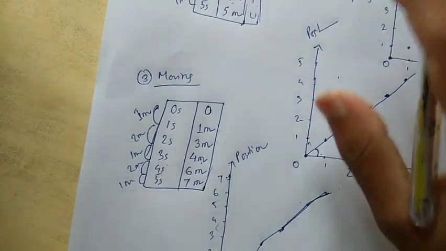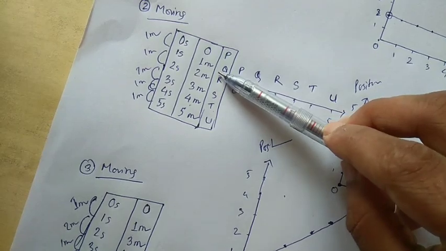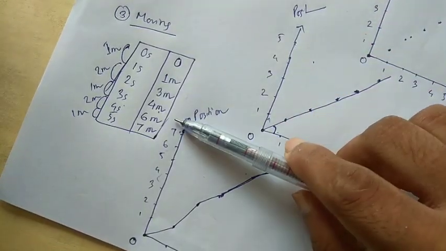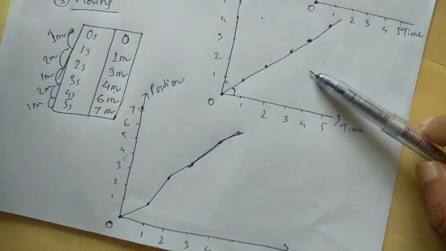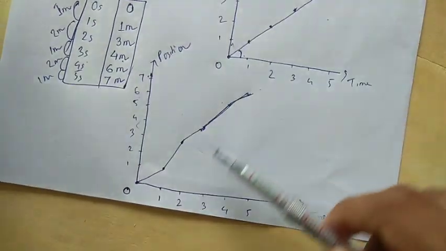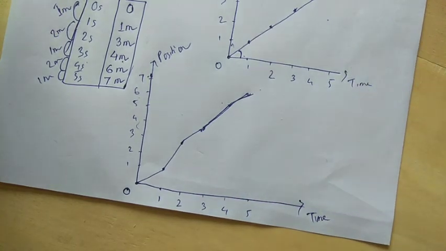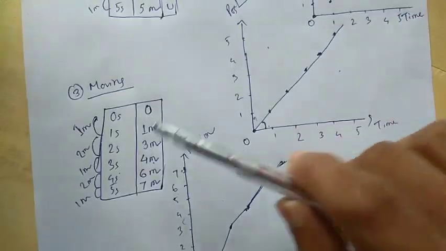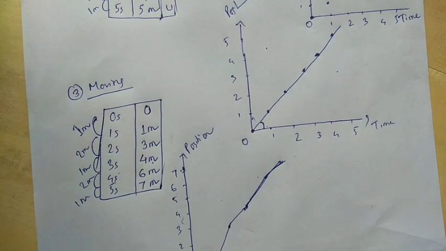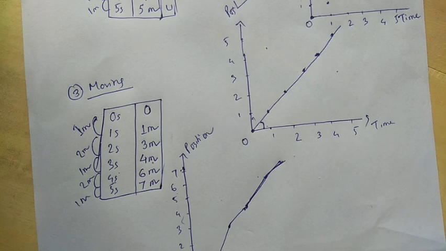I am just saying that they are moving. One is at uniform speed and one is at varying speed. So for uniform speed we have a graph like this, and for varying speed we have a graph like this. Okay, this is all about position time graph. From the position time graph and a table like this, we will learn the process of how to calculate the speed, velocity or acceleration of a body.